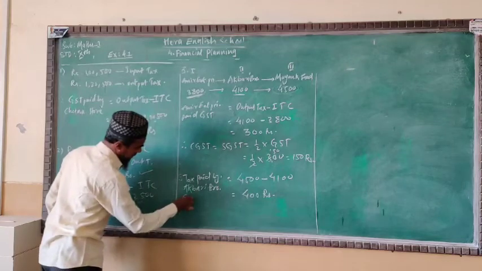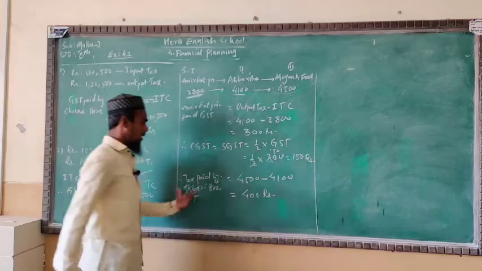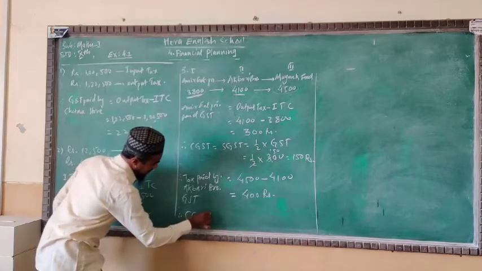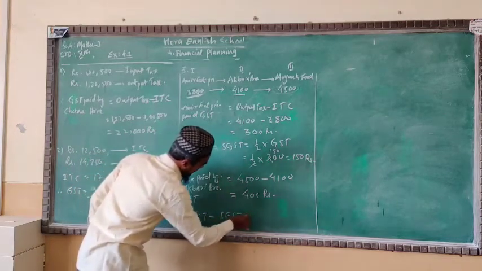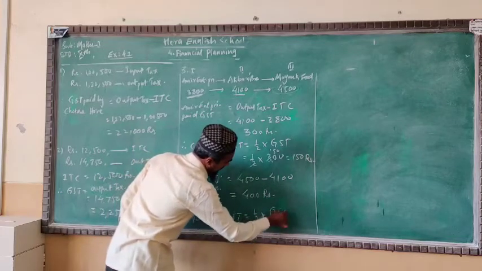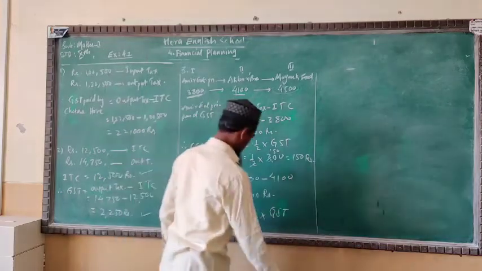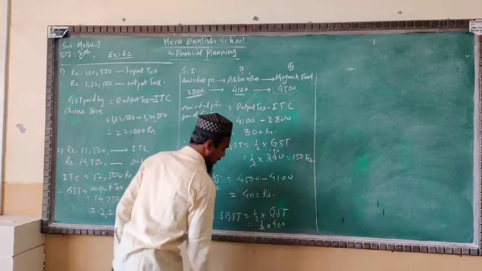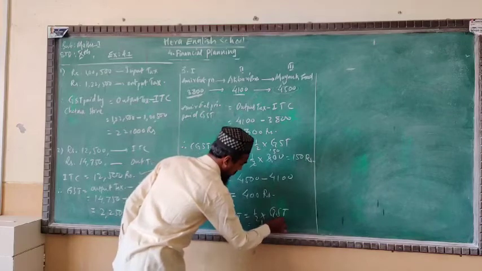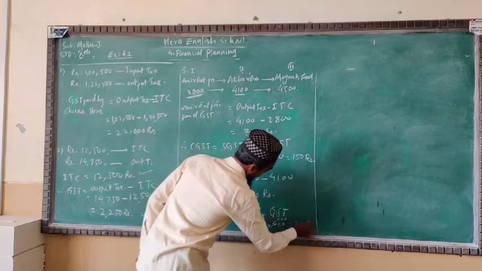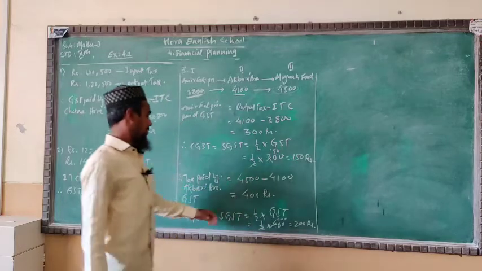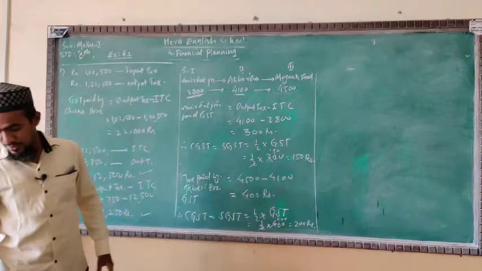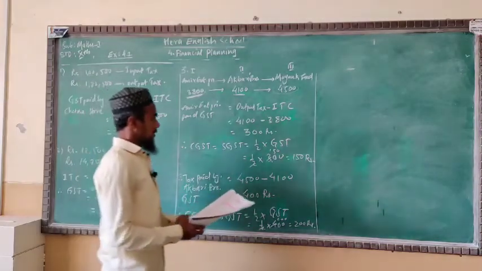Okay, we will write here GST which is paid by Akbari Brothers. Now CGST is equal to SGST, half of GST. Half of GST is equal to 400, half of 400. 2 2s are 4. You will get 200 rupees. This is the GST paid by Akbari Brothers, which sold to the Mayank Food. Okay. Now this is the last transaction in this question.